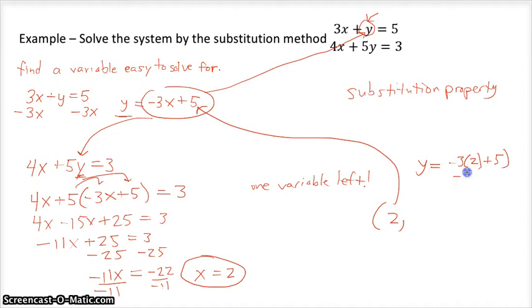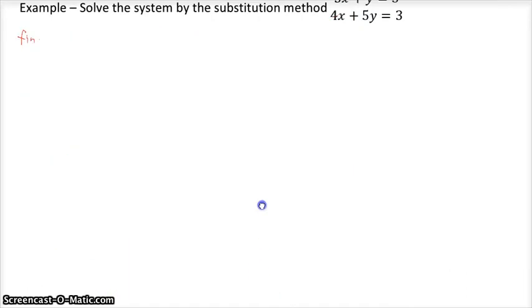So it's negative 6 plus 5, which is going to equal negative 1. So my answer for this is 2 comma negative 1, and that is my solution for this system. If I plug it in, it's going to work for both equations.